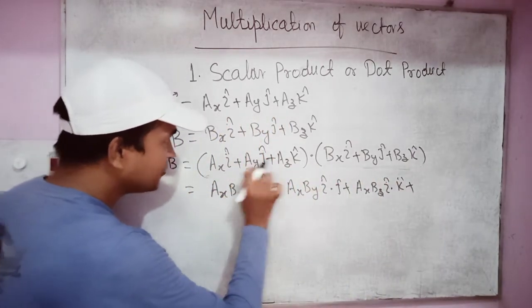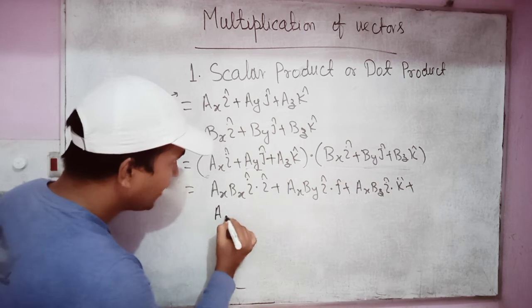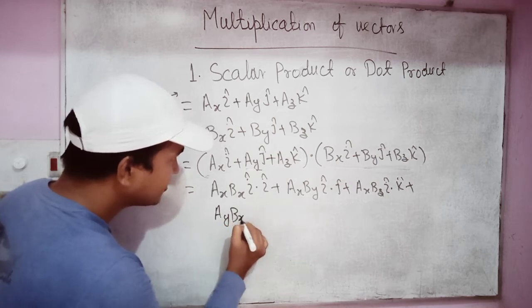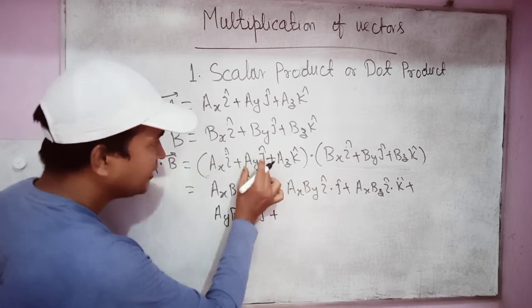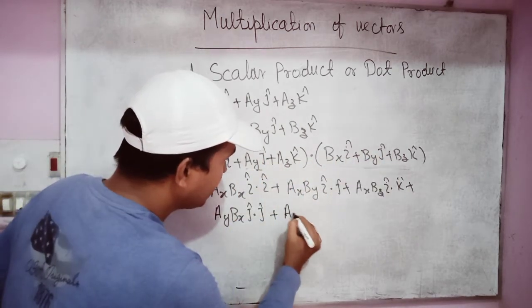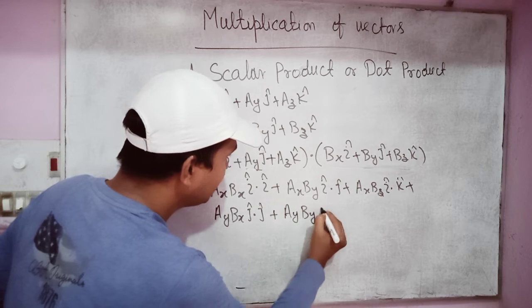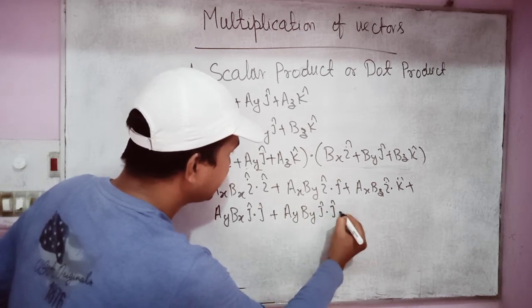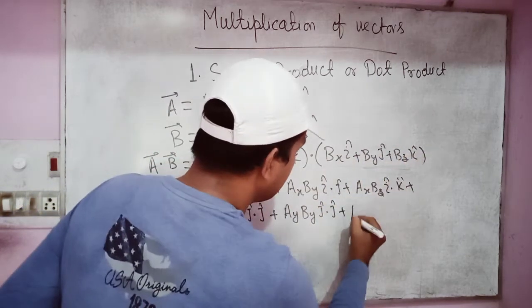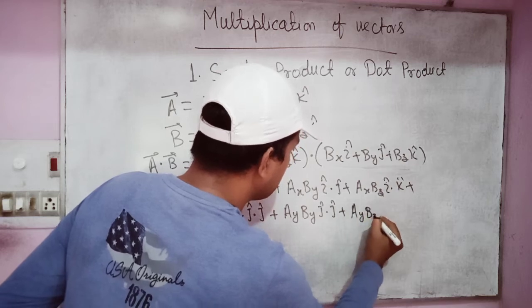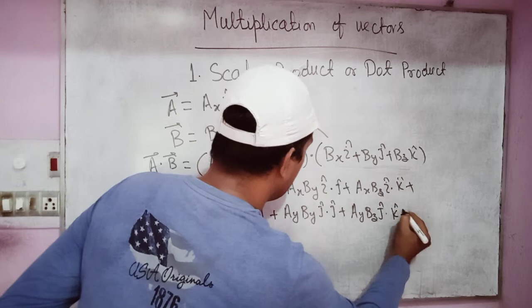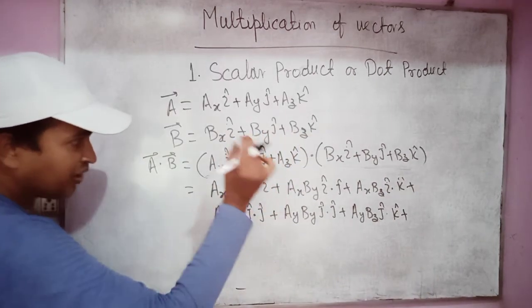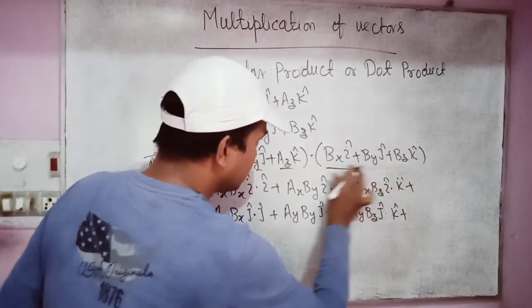So this is equal to ay bx j cap dot i cap, plus ay by j cap dot j cap, plus ay bz j cap dot k cap, plus. Now we will find the dot product of this term with all these.